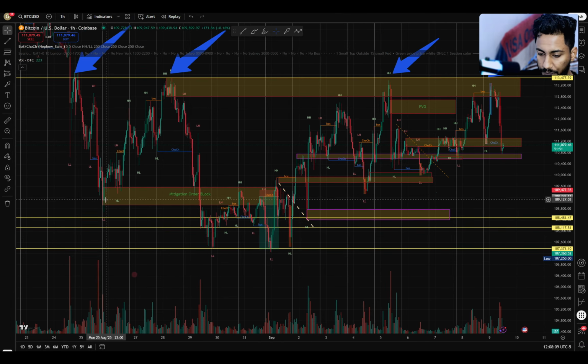Price went up, all the way down, and failed to move from here because it was rejected, and then dropped off, went up again, then consolidated and went down. So from here it took support here as well.